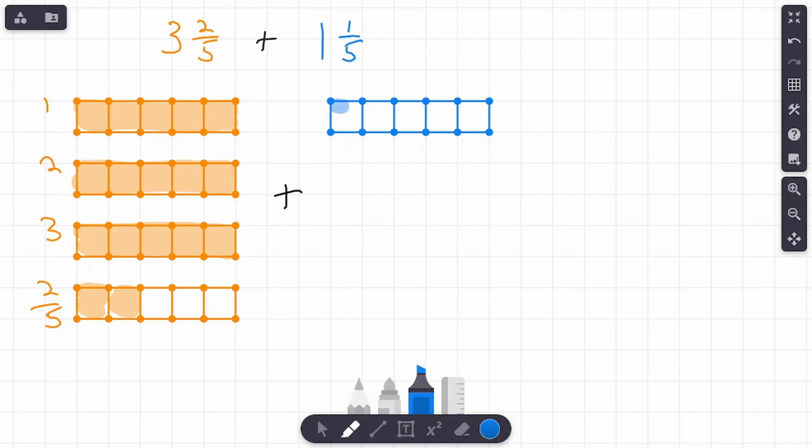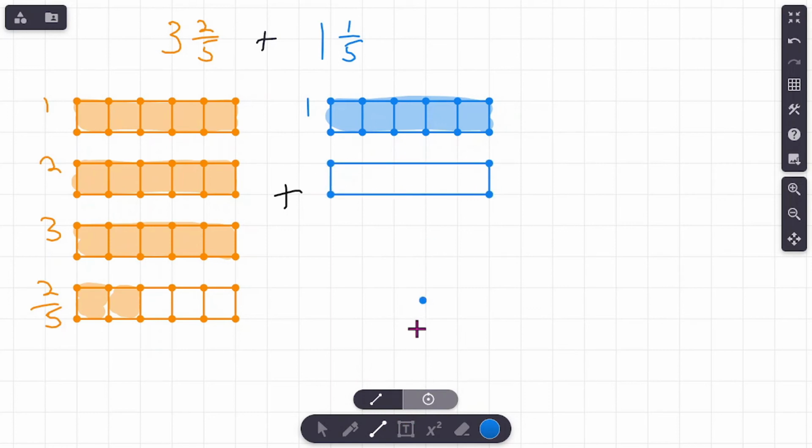Shading it in. And there is our whole number 1. Now let's get our fraction up here. The fraction is 1/5. So that means 1 out of the 5 equal size fractional parts needs to be shaded in, and there we go. All right, that one was a lot quicker.